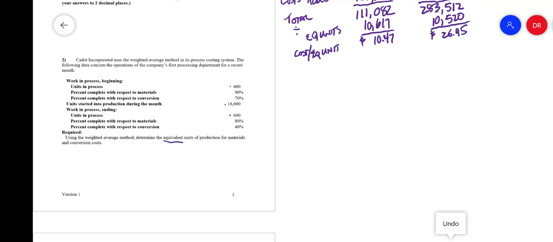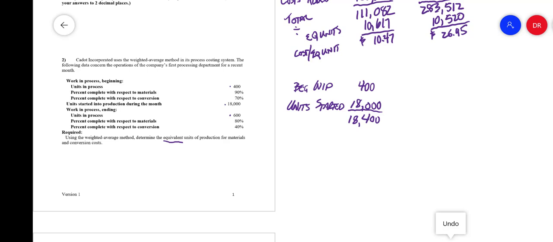Okay, so basically what we do to calculate equivalent units is start with beginning work in process, and that's 400 units. We do not weight any of these units when we're calculating units complete. And then we have units started, and that's going to be 18,000. So our total here will be 18,400.